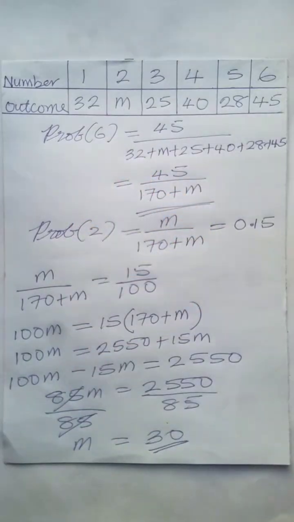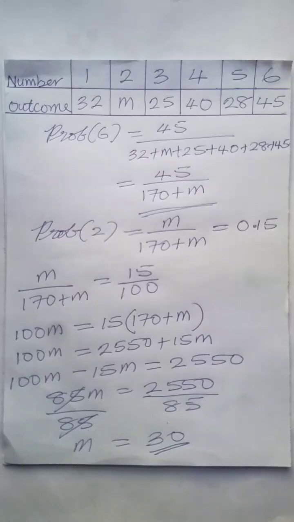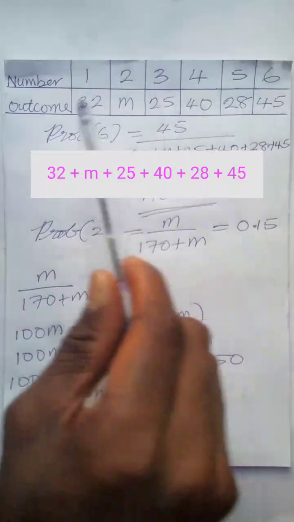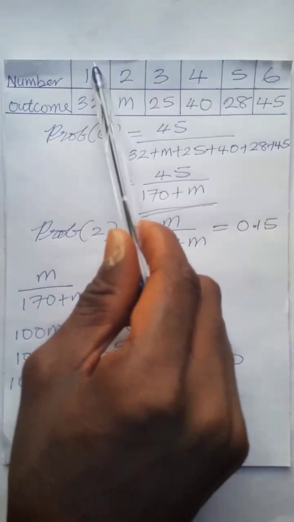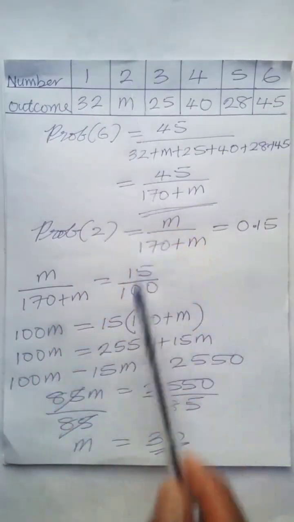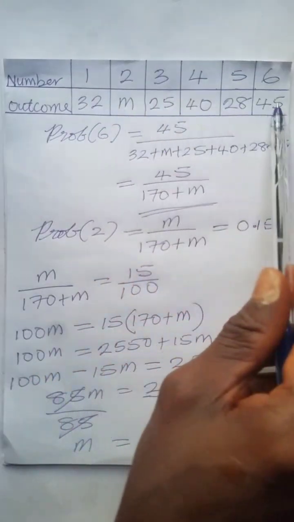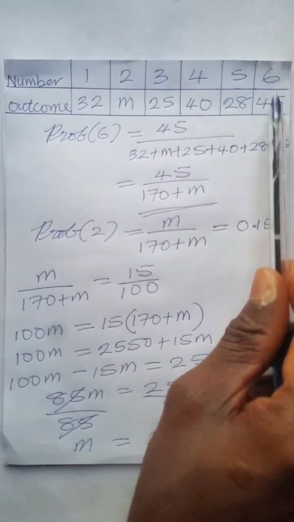Is that understood? So B says find the number of times the die was rolled. I explained that already, this is the total number of times this die was rolled. We got 1 32 times, got 2 now 30 times, got 3 25 times. So all we need to do is add this up to get the total number of times this die was rolled.